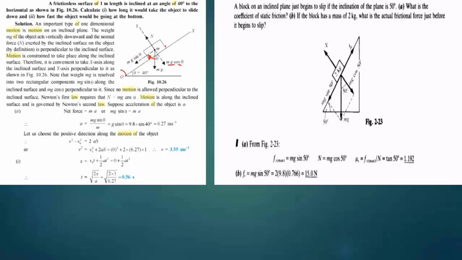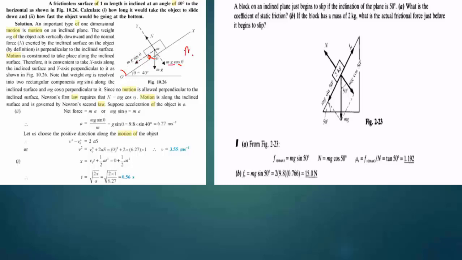As long as there is no other force acting along this inclined plane, that force alone is the resultant.